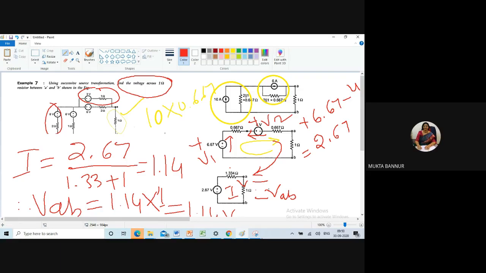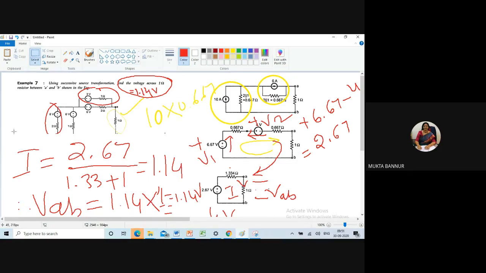Same only, isn't it? 1.14 volt, ma'am. Is this point clear? Our ultimate answer should be 1.14. Okay, this is one method we have got.